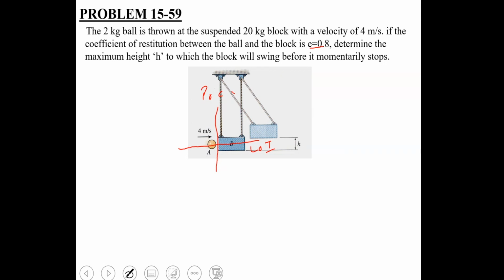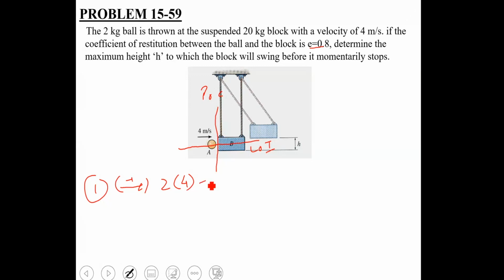So once we have recognized that it is a case of central impact, applying step number one on this problem, the initial momentum of the system along the line of impact should be equal to the final momentum. As far as the momentum of this ball is concerned, it is going to be 2 multiplied by 4, where 2 is the mass of this ball and 4 is the velocity of this ball.